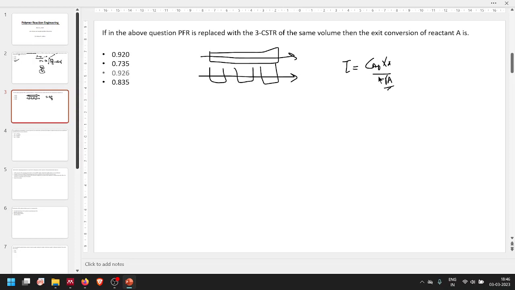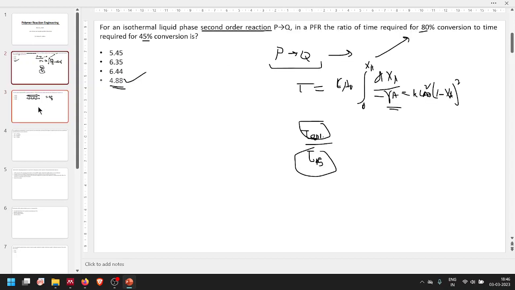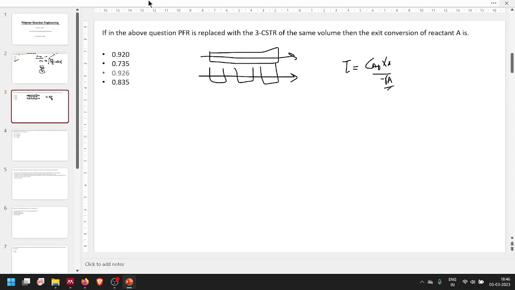Again, in the ra section, you will have to add the second order reaction kinetic expression for the liquid phase second order reaction, and then we have to calculate this with respect to the conversion of this reactor. The exit conversion for this can be calculated by this formula, which is defined for CSTRs in series, where tau is the time and k is the rate constant for the reaction.